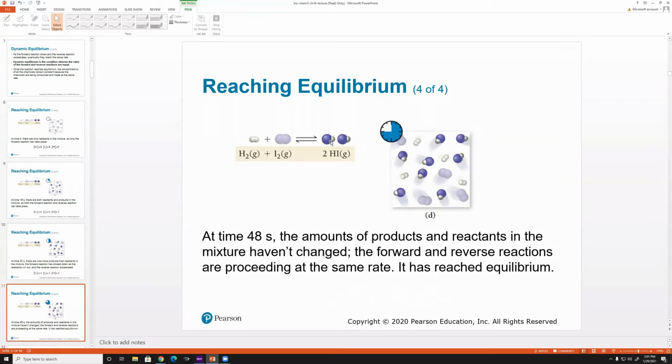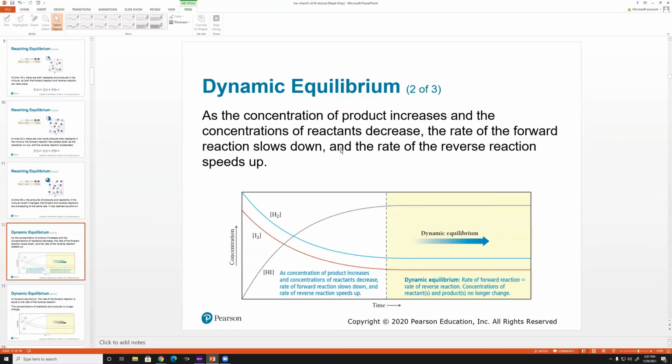Eventually you reach a time where the net forward reaction stops occurring. This is where equilibrium occurs. The rate of the backwards reaction, even though you don't see it here, is still a thing, but it is equal to the rate of the forward reaction. When those rates are equal, again, that's dynamic equilibrium.